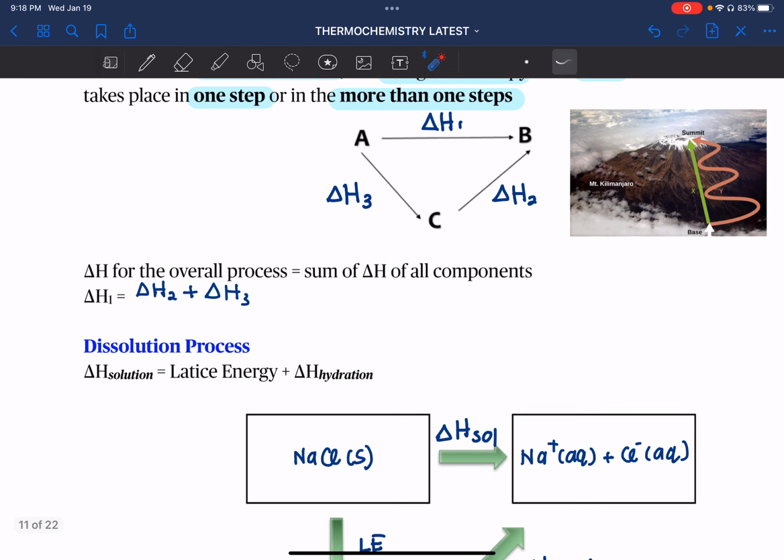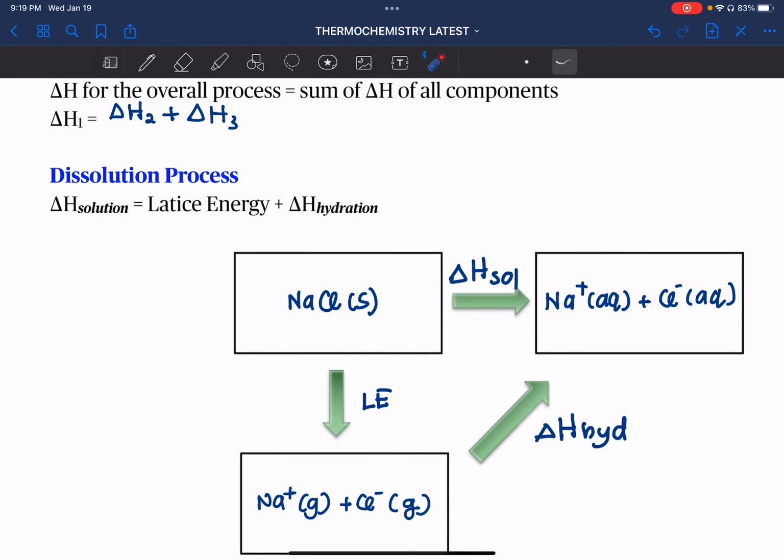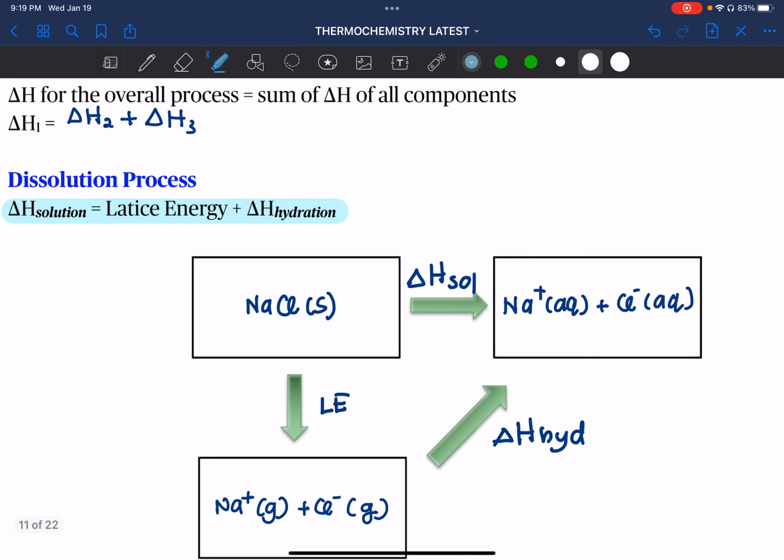Kita tengok pada real equation lah. For example, dissolution process. So the formula for dissolution process is enthalpy of solution equals lattice energy plus enthalpy of hydration. Madam ambil contoh sodium chloride lah.